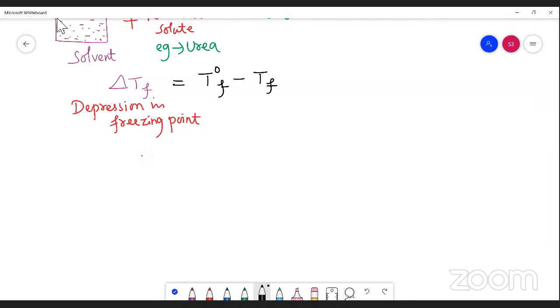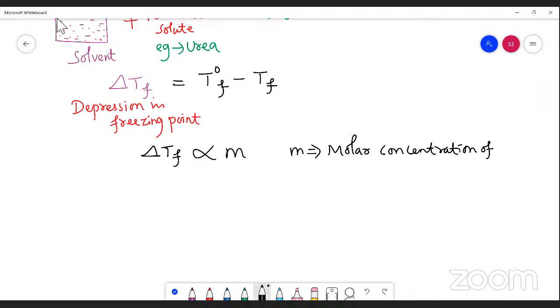That is, directly proportional to M. This M is nothing but the molar concentration of solute particles. Here I am going to consider the concentration term as molarity. The experimental data proves that the depression in freezing point of a substance is directly proportional to the molar concentration of the solute particle, that is, del TF is directly proportional to M.